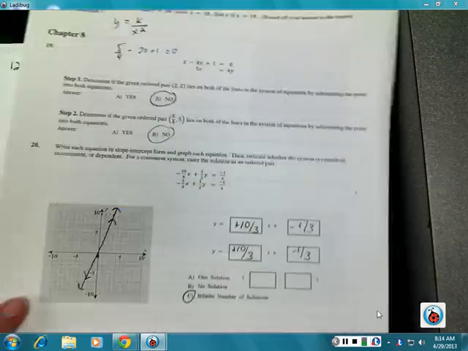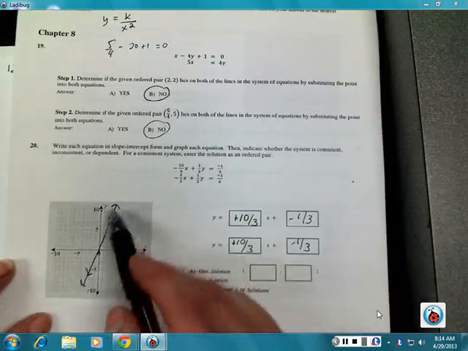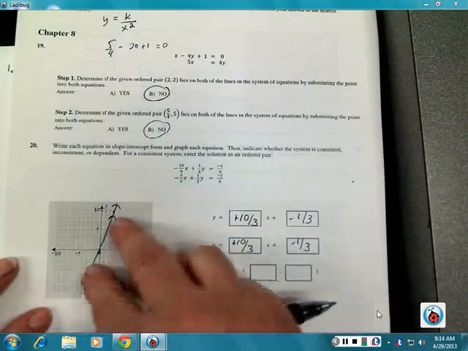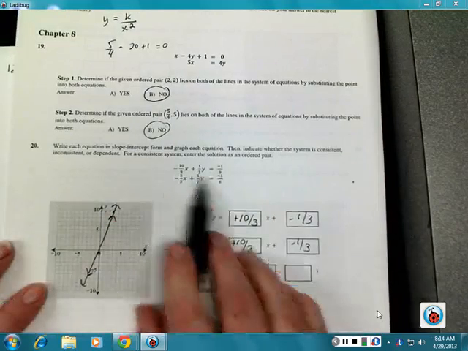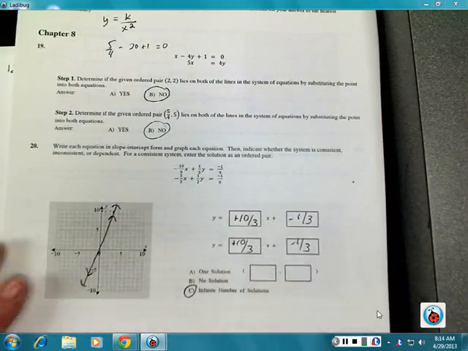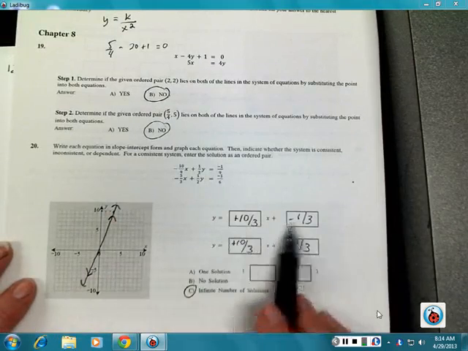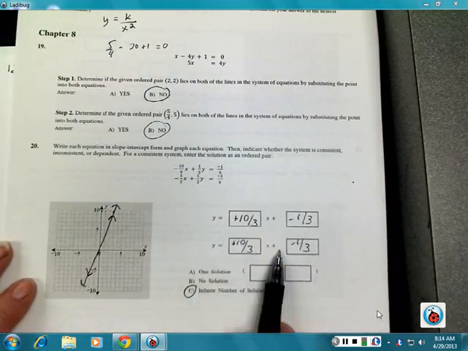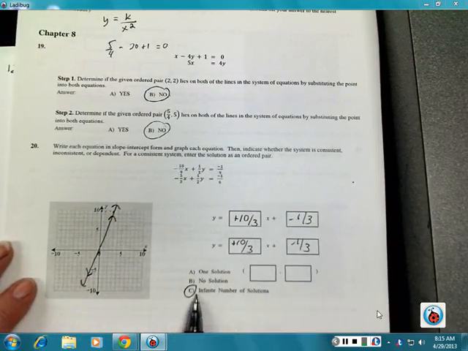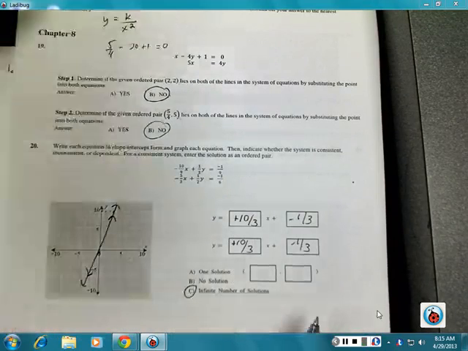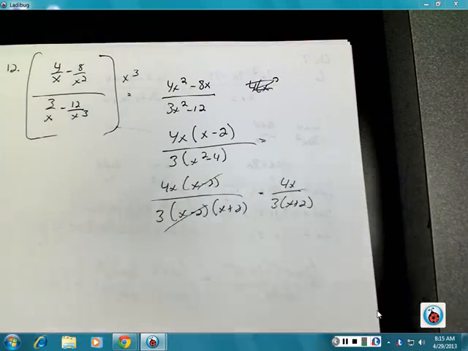Because what you find out with number 20 is your two lines are exactly the same. When you get rid of these denominators, you come up with exactly the same line. And so when you write this out into your box, they will be the exact same numbers. And because they're on top of each other, it's an infinite solution. Okay. Anything else in chapter 8?